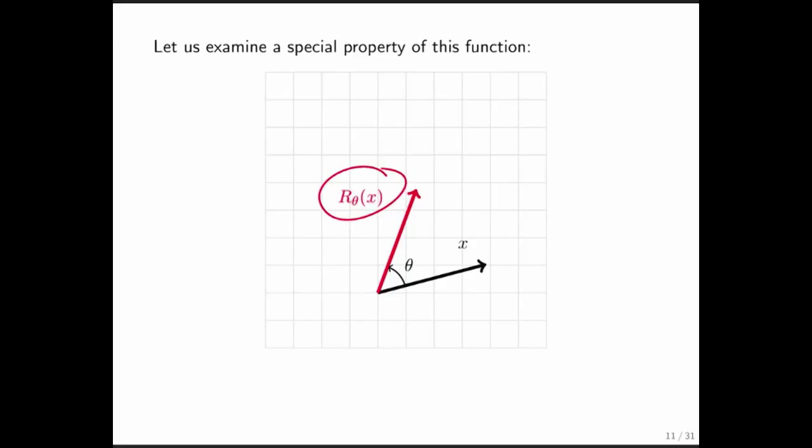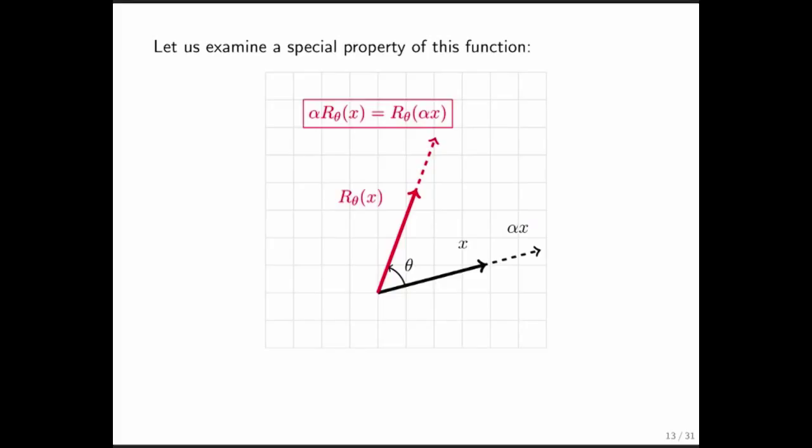And if we then scale it by alpha, then we get this vector right here, alpha times r sub theta of x. If you look at it very carefully, what you notice is that if you scale the vector x first and then you rotate it, you get exactly the same vector as you would if you take vector x and you rotate it through angle theta first. That gives you this vector right here, and then you scale it.